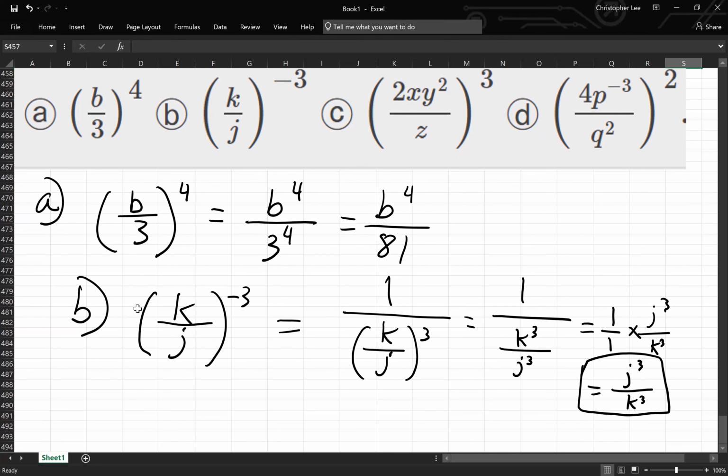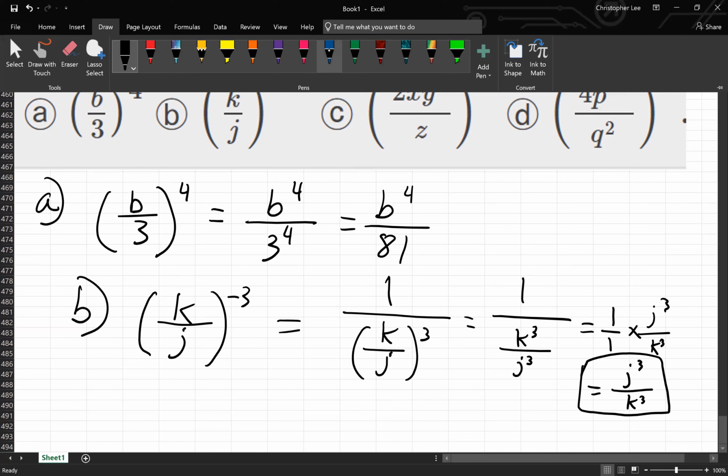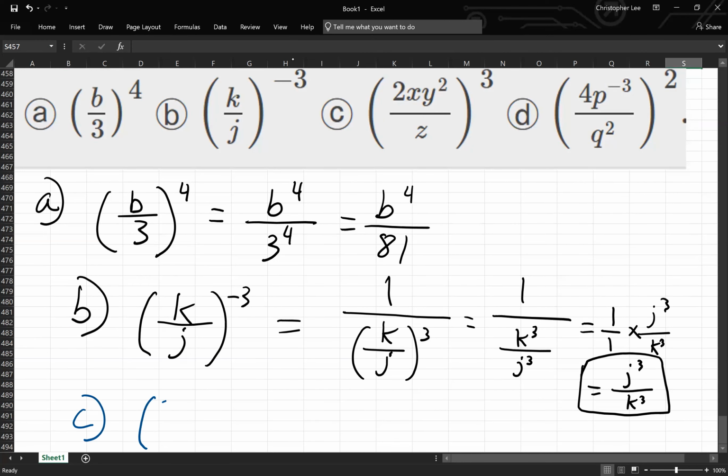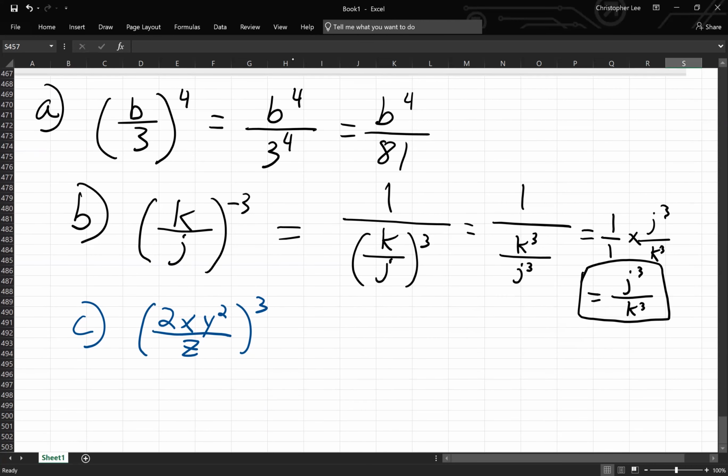What about C? Let's change up my color now. I have 2xy to the 2nd over z to the 3rd power, all raised to the 3rd power. Who gets that power? Not just the y.